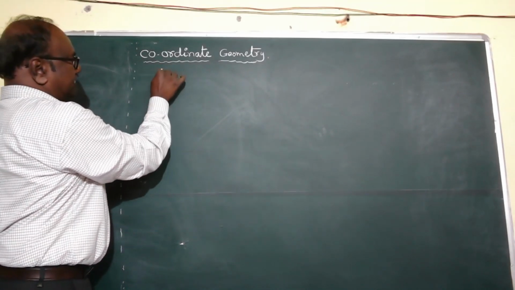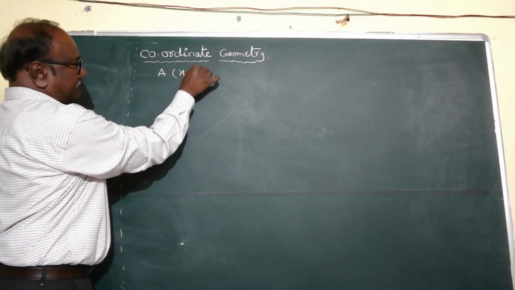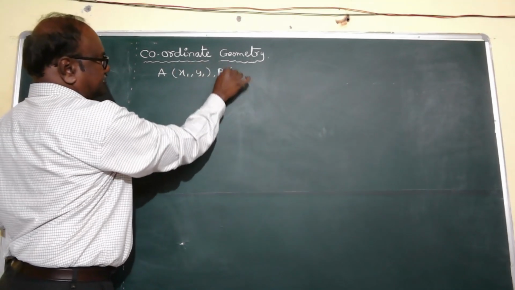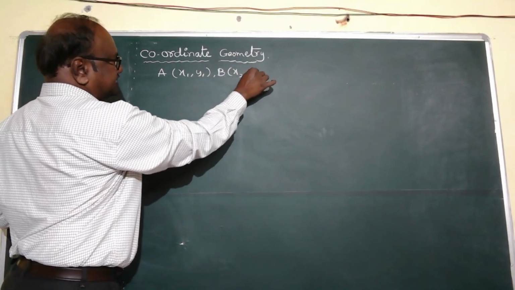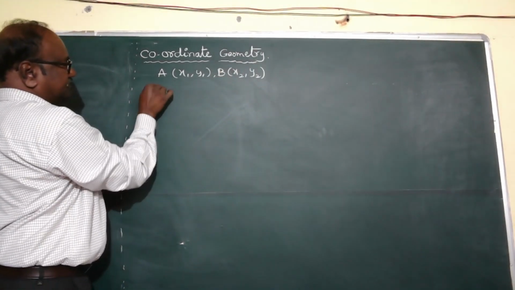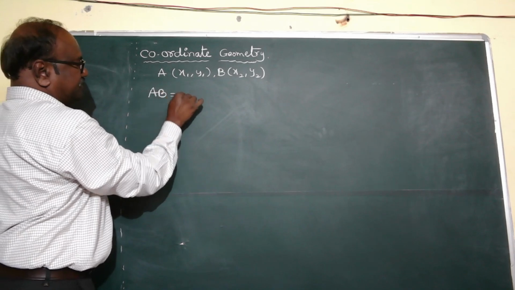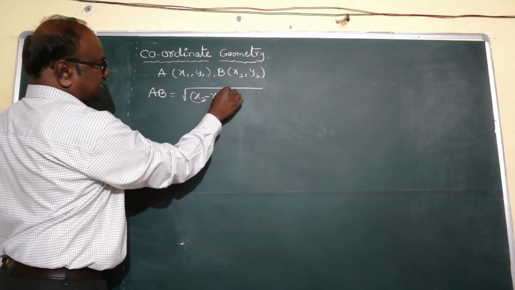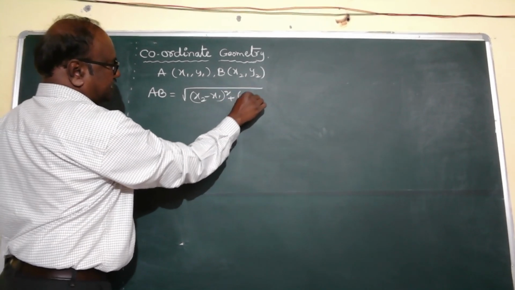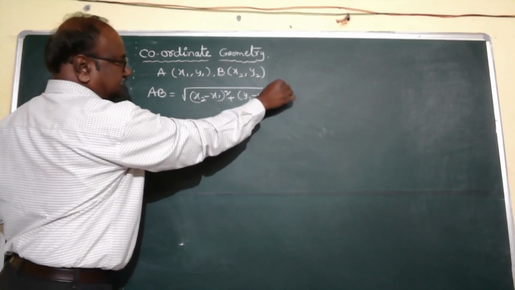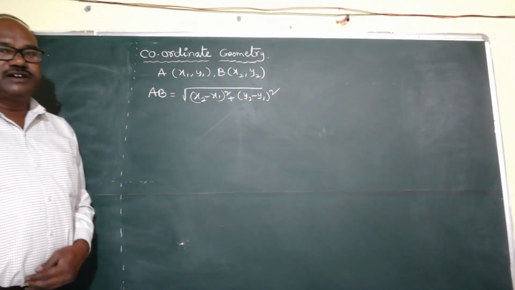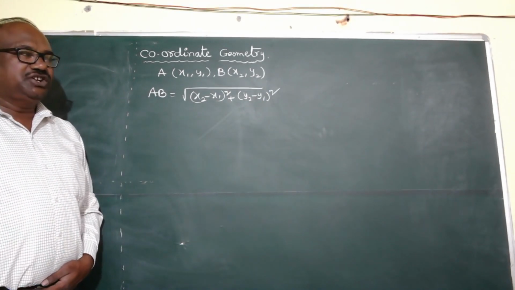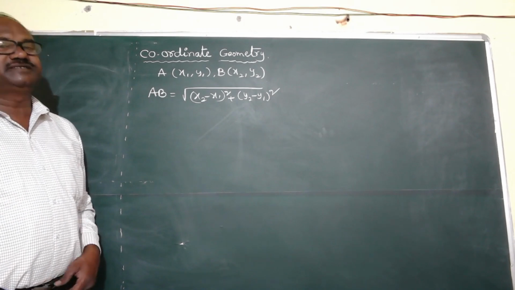That is, when A (x1, y1) and B (x2, y2) are the 2 points, then the distance between these 2 points AB is equal to the square root of (x2 minus x1) whole square plus (y2 minus y1) whole square. This is the formula to find the distance between any 2 points in the coordinate system.